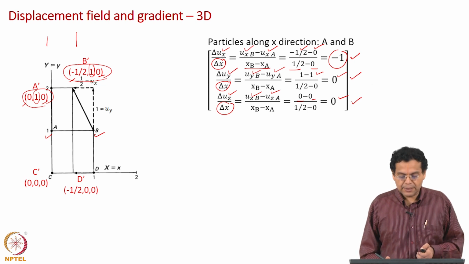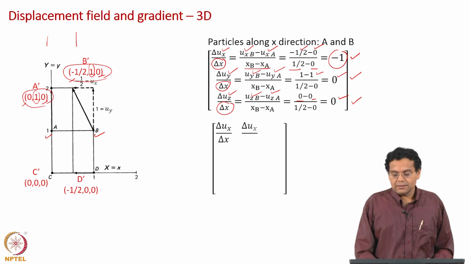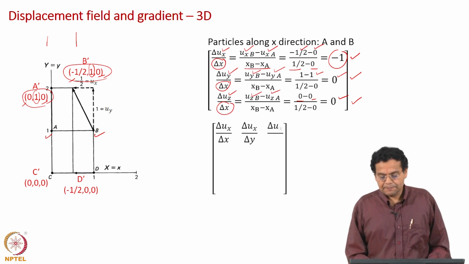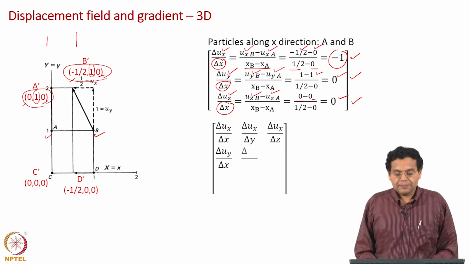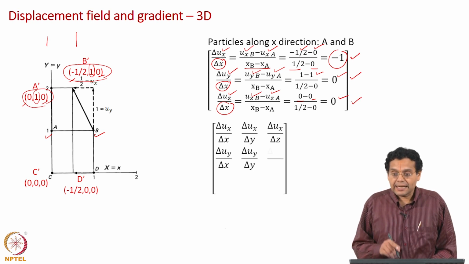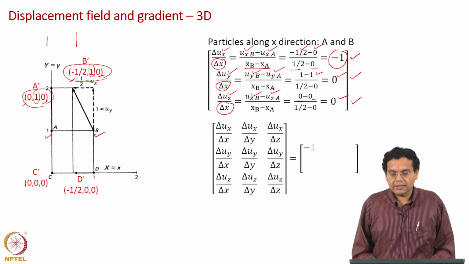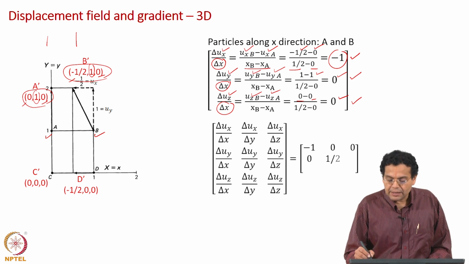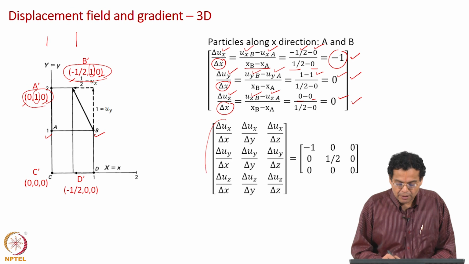Okay. So, let us complete the matrix. Now, there will be 9 entries, each column corresponds to the direction in which we are considering particles, okay, and each row corresponds to the direction of displacement. So, as we have done earlier, for particles along one direction, we filled up along one column.